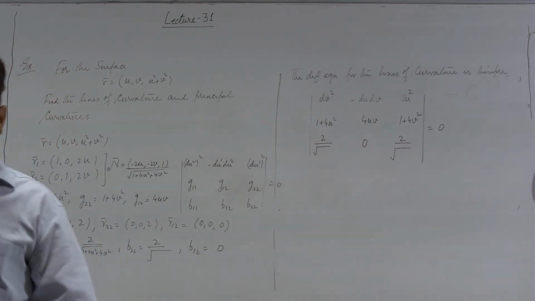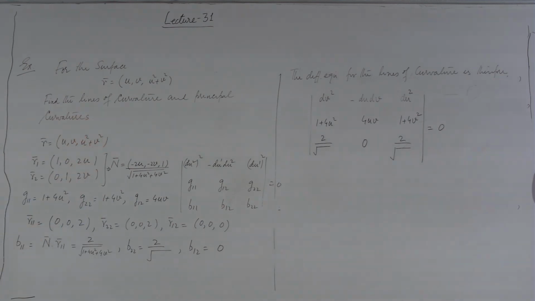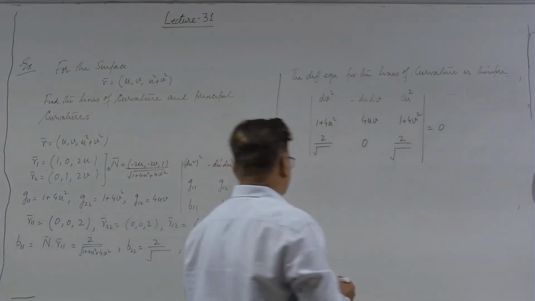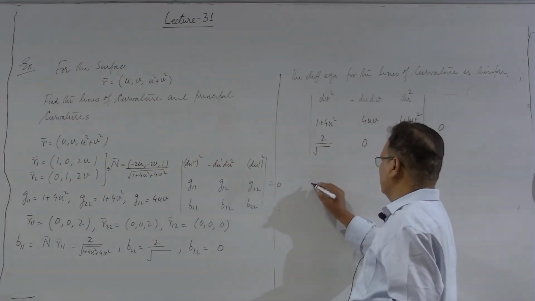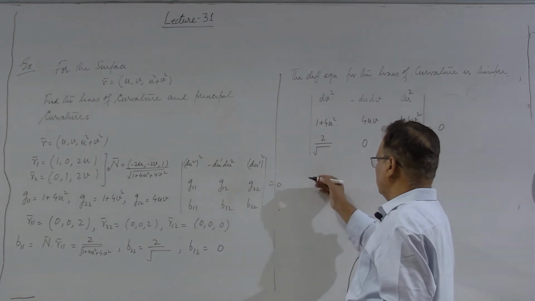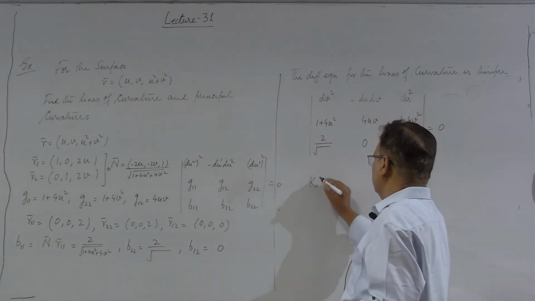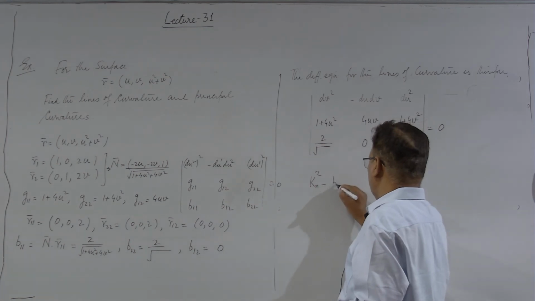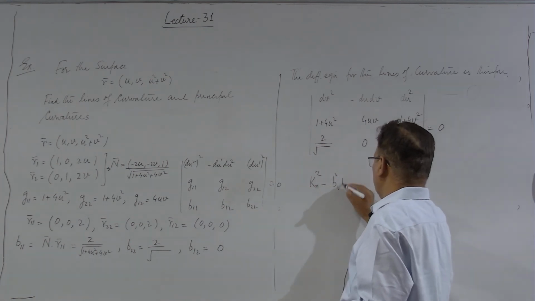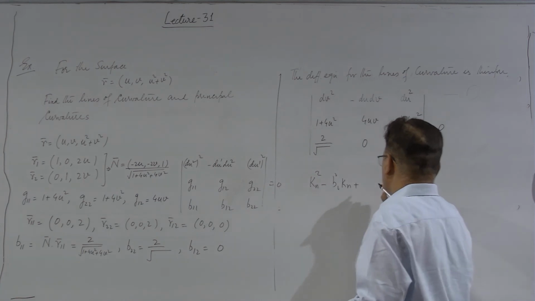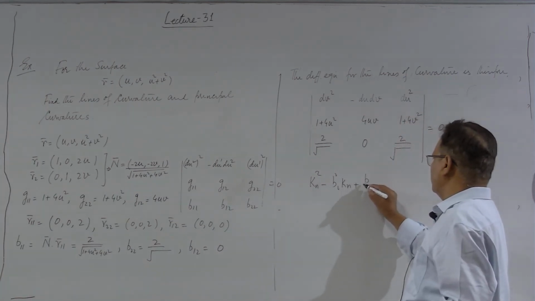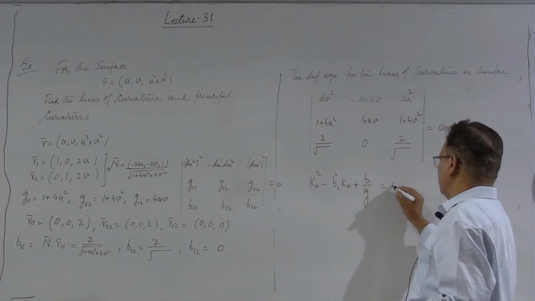Yes, you have to write down the quadratic equation for the normal curvature. The roots of this quadratic equation will be the principal curvatures. So, that was, if you remember, K n square minus B I I into K n plus B upon G equal to 0.